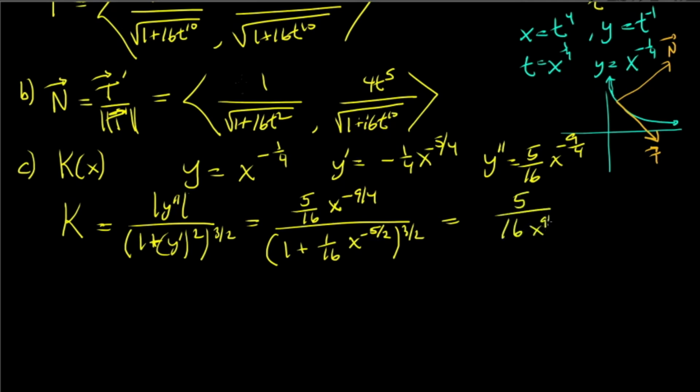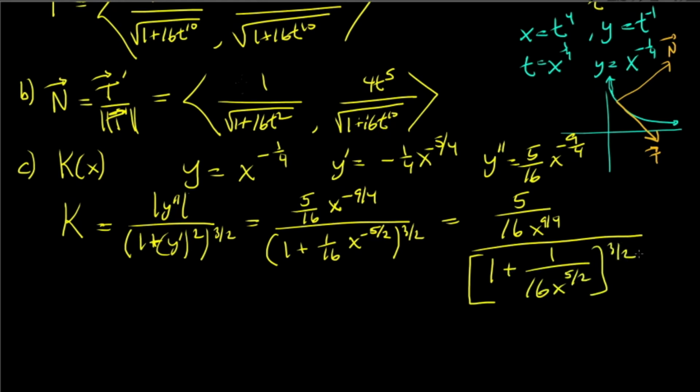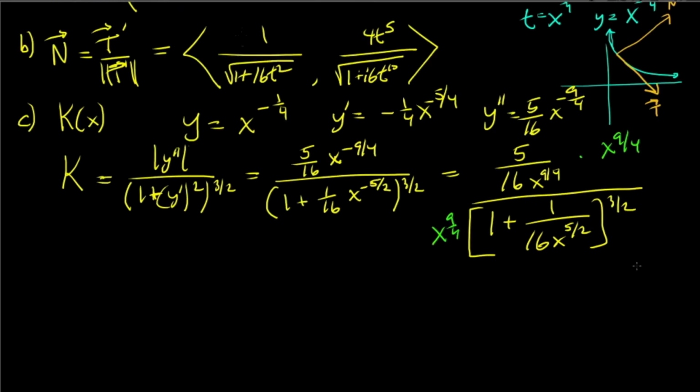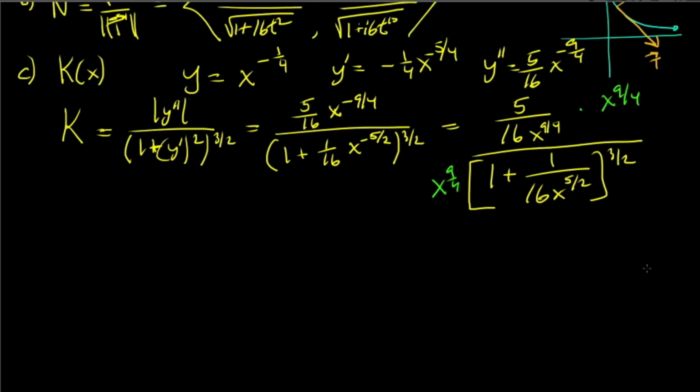So this is x to the 9/4, and then we have 1 plus 1/16 times x to the 5/2, and then that's to the power 3/2. So let's see, what can we do? Can we multiply top and bottom by x to the 9/4? Let me make sure that's right. Yeah, I think that's it.